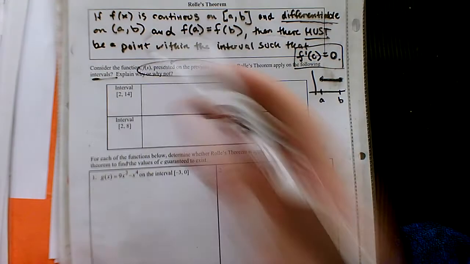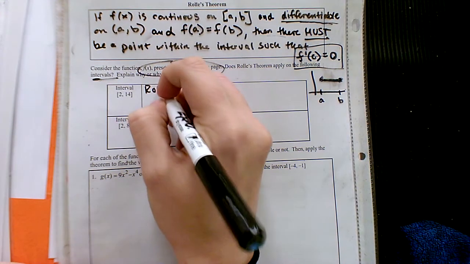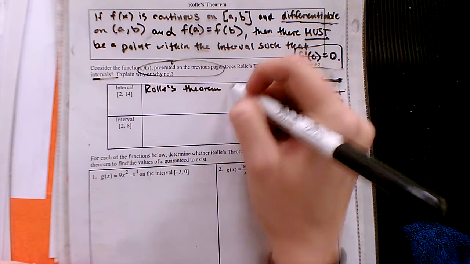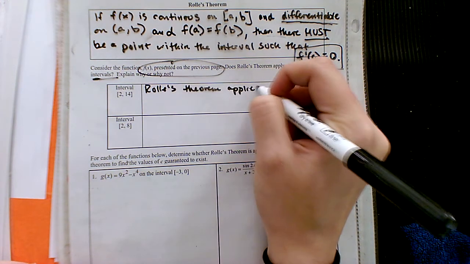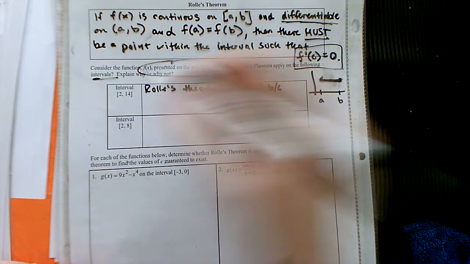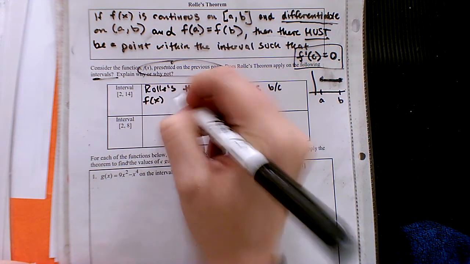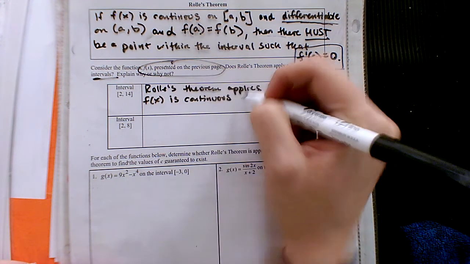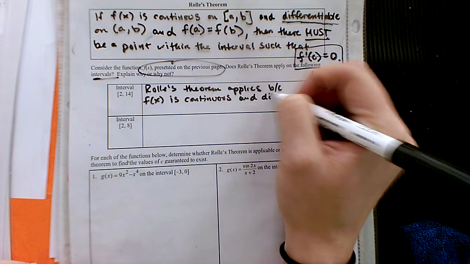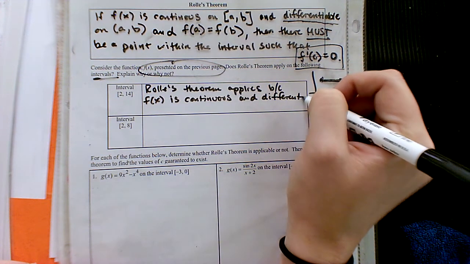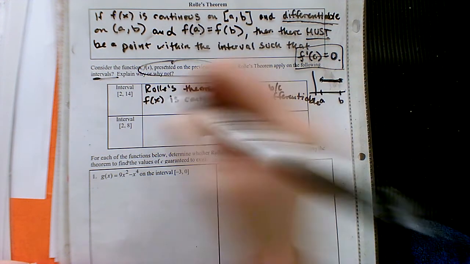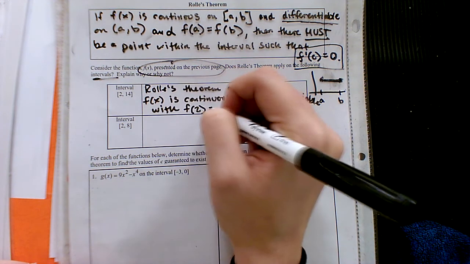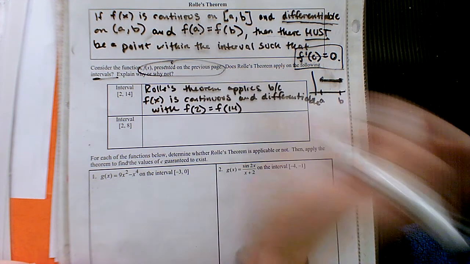And that would happen based off of our graph at 8. Okay, so we'll say Rolle's theorem applies because f of x is continuous and differentiable with f of 2 equal to f of 14.